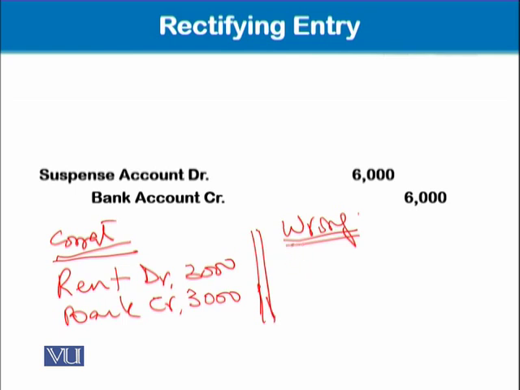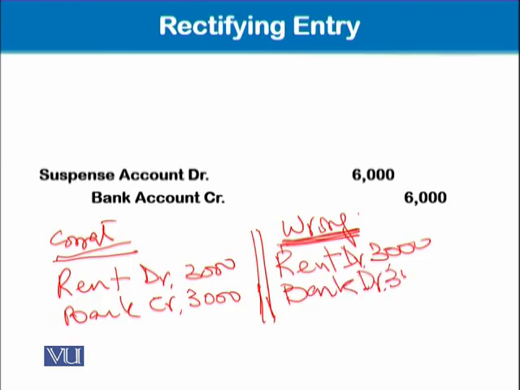So Mr. Daisy passed this accounting entry. Since, let's say, he is not an accountant, he is a very good lawyer. Okay, so he just did his accounting entry while paying rent. He debited the rent with 3,000, as well as Mr. Daisy also debited the bank account with 3,000.